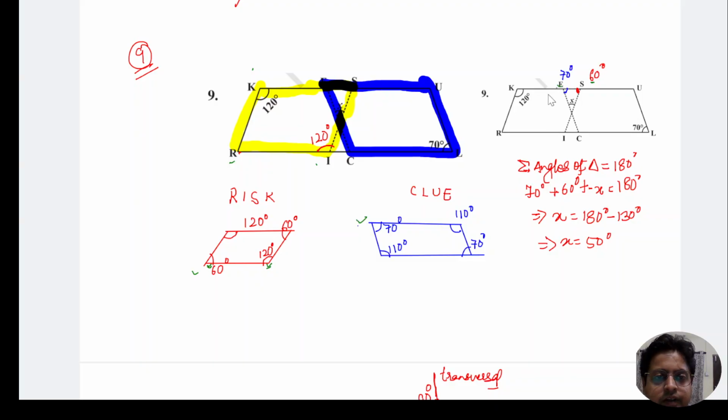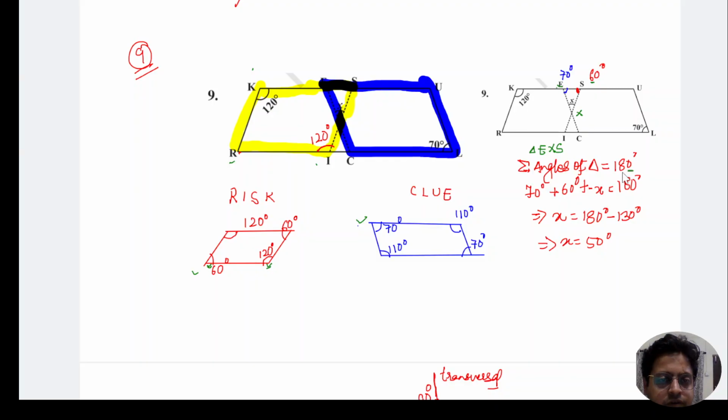Now if we say that the point of intersection is X, a triangle is formed, that is E, X and S. In a triangle, the sum of internal angles is 180 degrees.